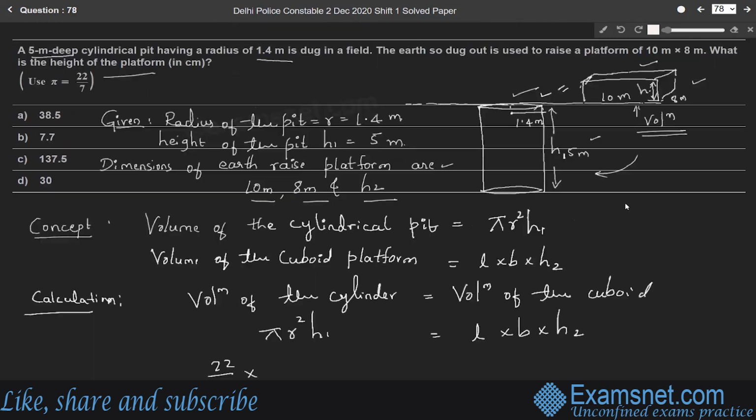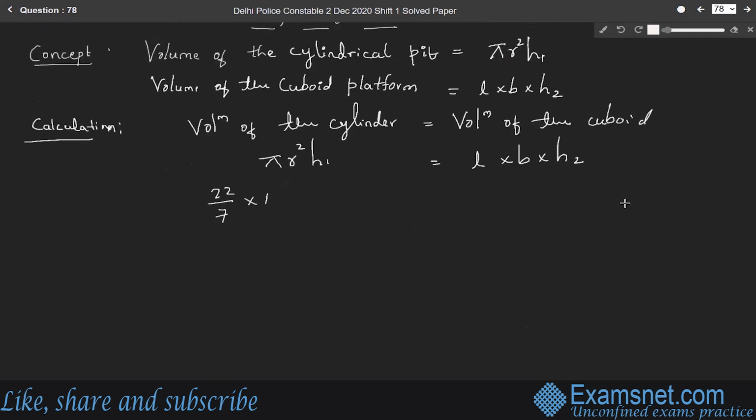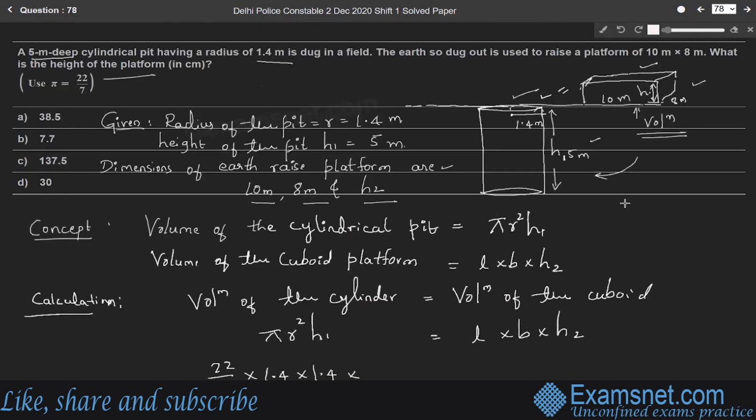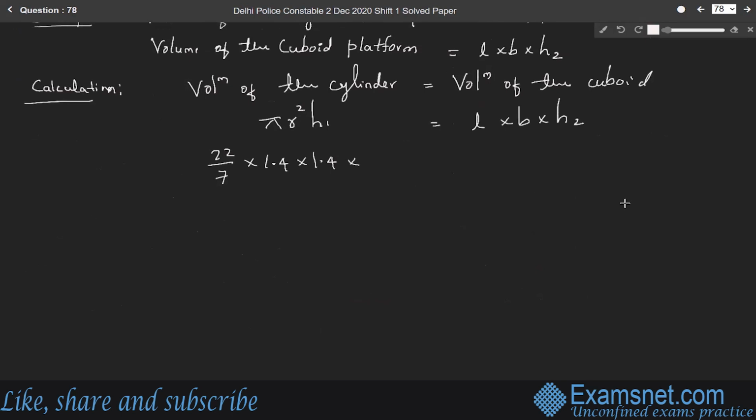So the radius of the cylindrical pit is given 1.4 meter, right? 1.4 into 1.4 and height. So what is the height or depth of the cylindrical pit, which is given already, 5 meter, right? Into 5.